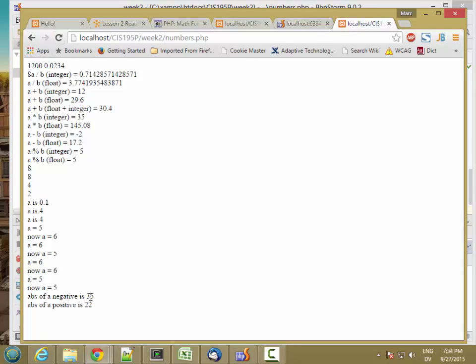So the absolute value of a negative number is the positive value, and the absolute value of a positive value is still the positive value.